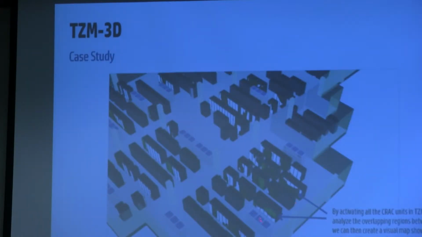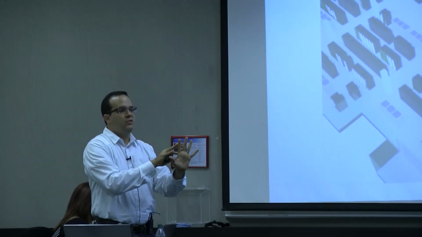This one, let me go back. This one we call overlapping regions, and what we see is that there are going to be some places in your data center, based on your design, that you may have areas that 2 or 3 or maybe 4 more crack units can influence. So you have cooling redundancies. That is, we think, good to know in your data center, because then you can place there some mission critical equipment or some equipment that is very important to have redundancy of cooling resources, or that you can react faster.